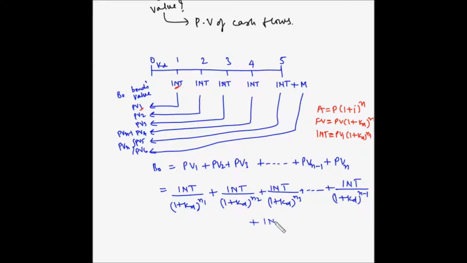plus INT divided by, now for PVN we'll have two parts, interest and the maturity value. So let's take care of the interest first.